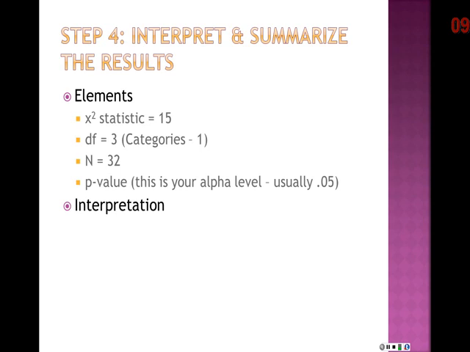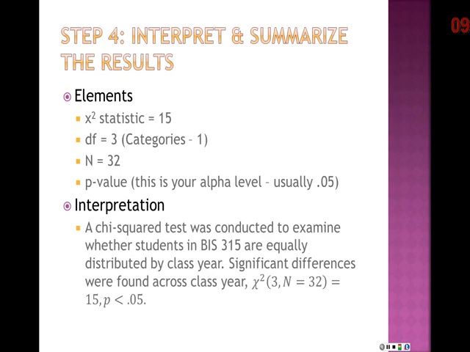So this is what I would write: a chi-squared test was conducted to examine whether students in BIS 315 are equally distributed by class year. Significant differences were found across class year, with a chi-squared of 3, n equals 32, chi-squared equals 15, and a p-value of 0.05.